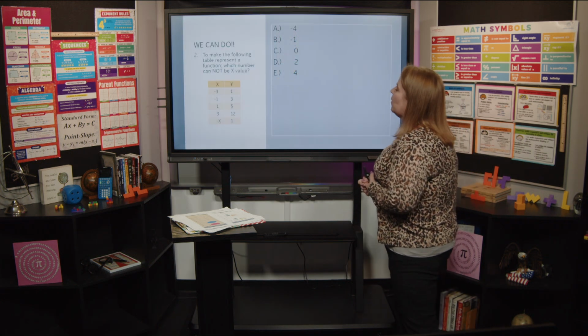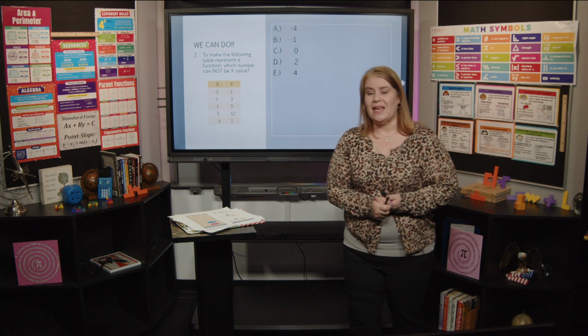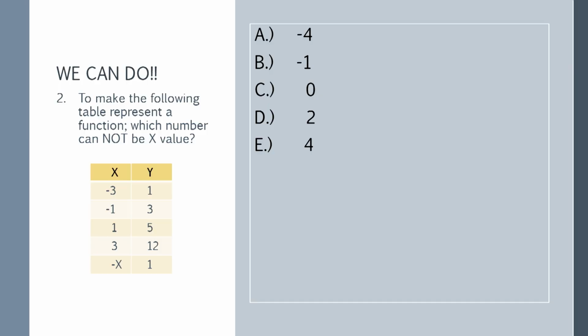We can do this as well. Let's look at this type of problem. Now, these are the type of problems that you're going to see. There's one key word in here. To make the following table represent a function, which number cannot be an x value? I have -3, 1, -1, 3, 1, 5, 3, 12.